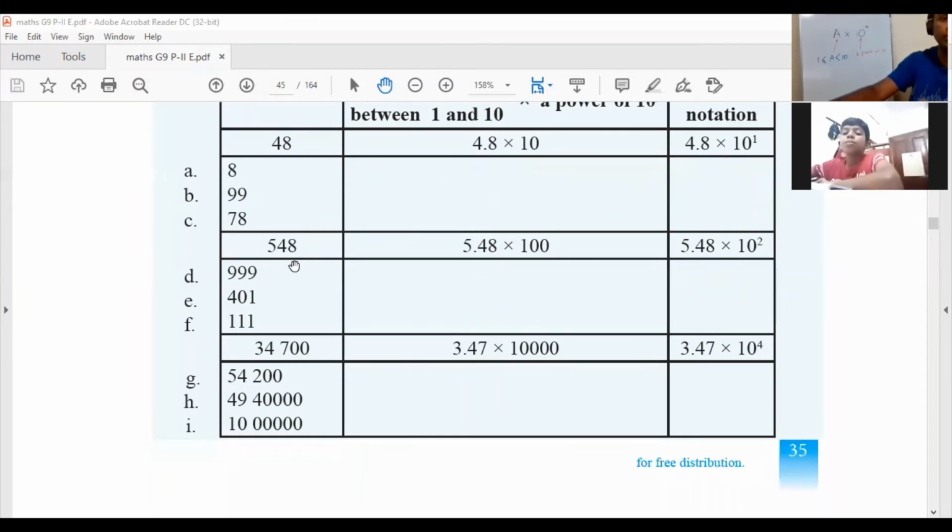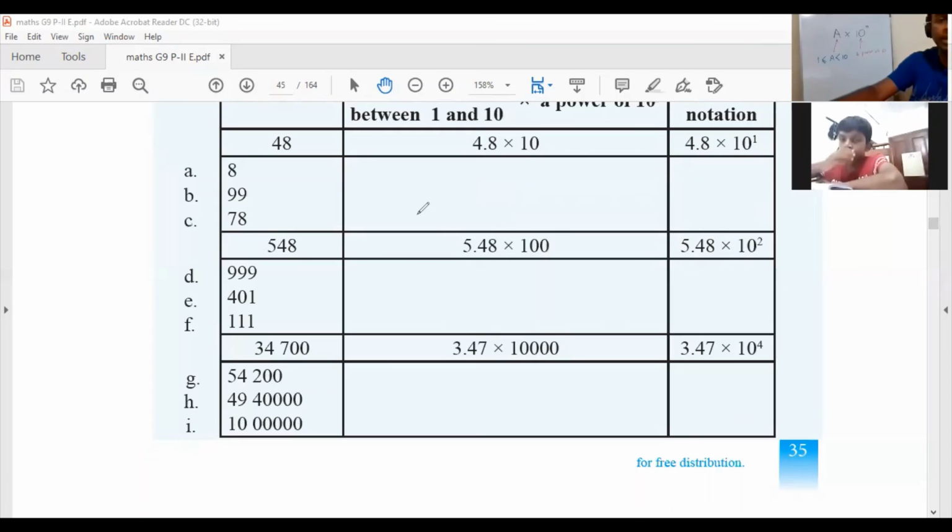Here 548 is 5.48 times 100. Two places should be shifted, that means 10 to the power 2. 5.48 is a number between 1 and 10.